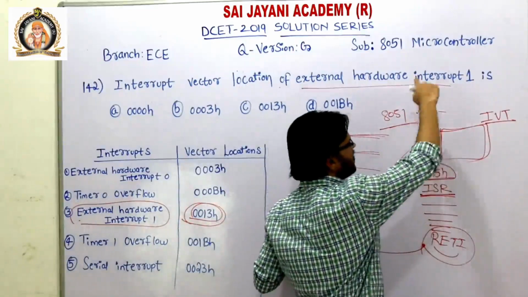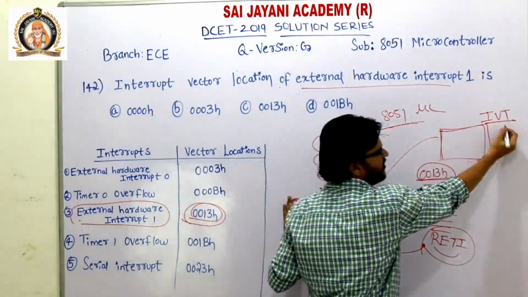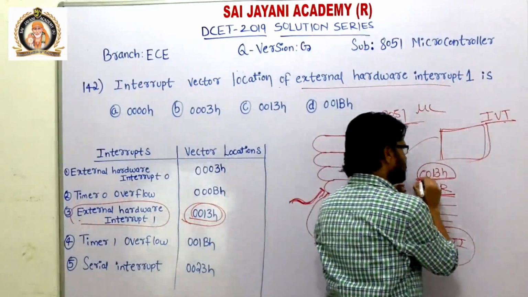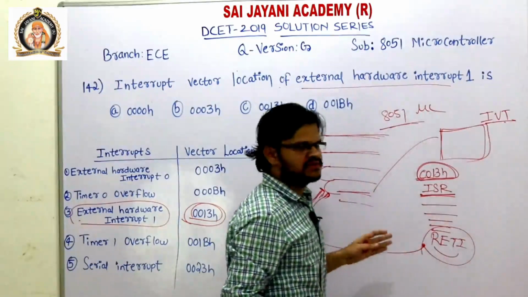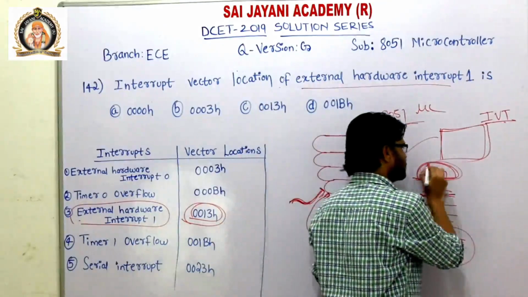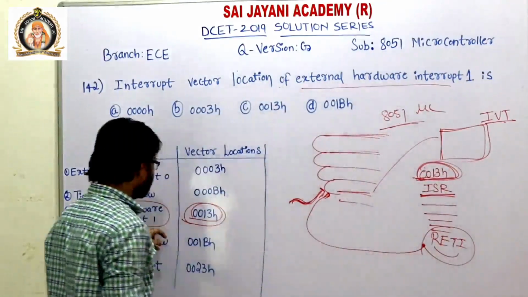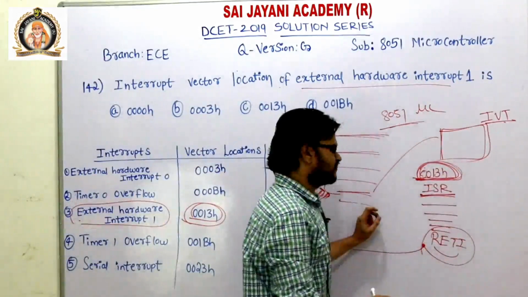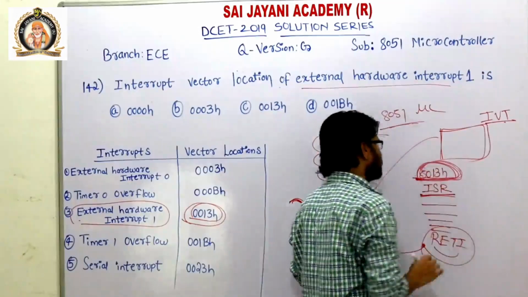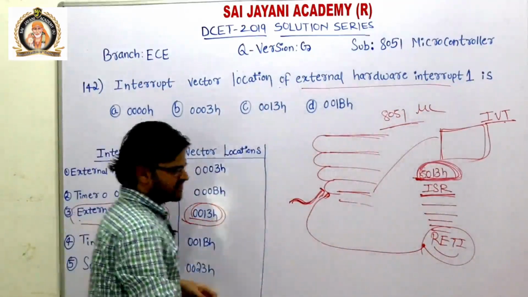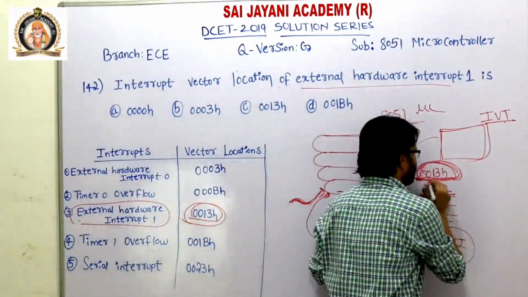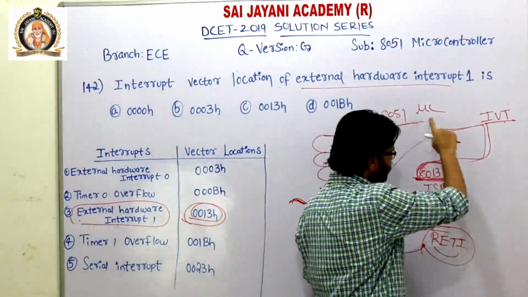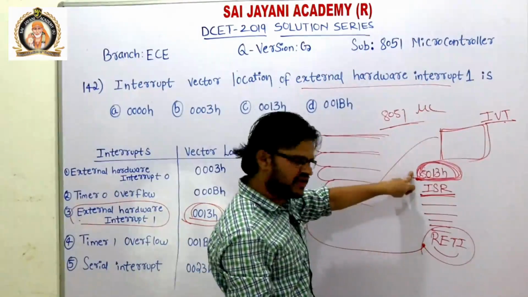Then the microcontroller jumps to the interrupt vector table, where we have 0013H. That means this interrupt is serviced at this location only. Then the microcontroller jumps to 0013H.